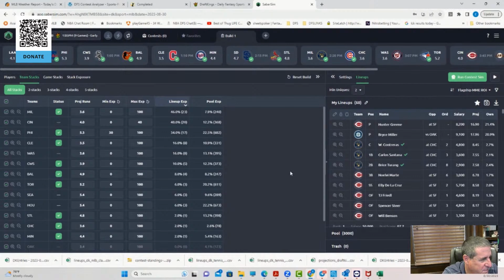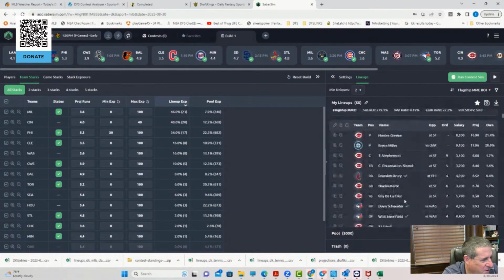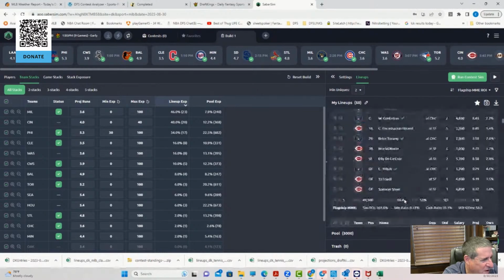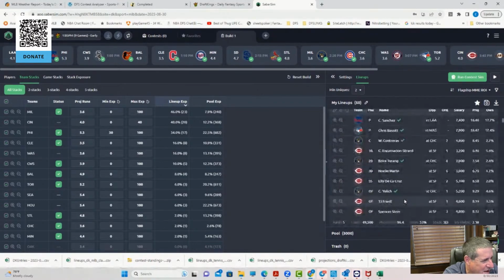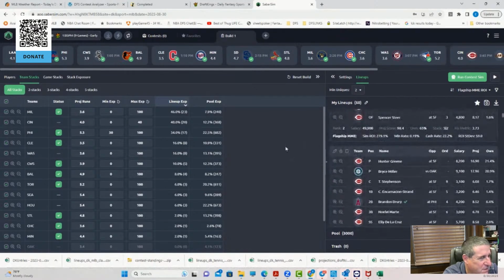So to get all the Cincinnati exposure, I'm doing it based on lineups that I'm not even sure are accurate. And if the lineups come out and I've already committed to it... the Reds came out now. All right, so let me just see.